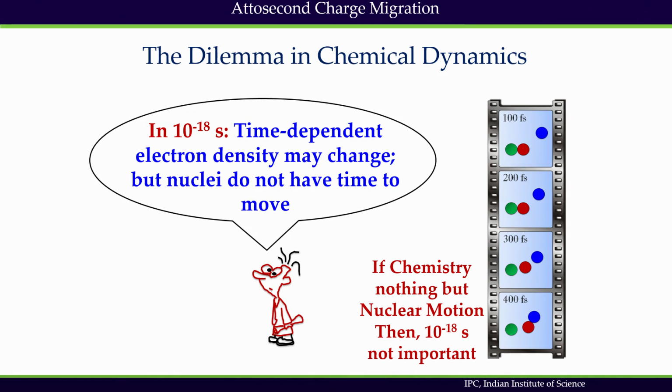As I have told you, the attosecond time scale is nothing but the intrinsic time scale of electronic motion, which means that in the attosecond time scale, the time dependent electron density may change, but the nuclei, because they are heavier than electrons, do not move at all, or almost do not move in this time scale.